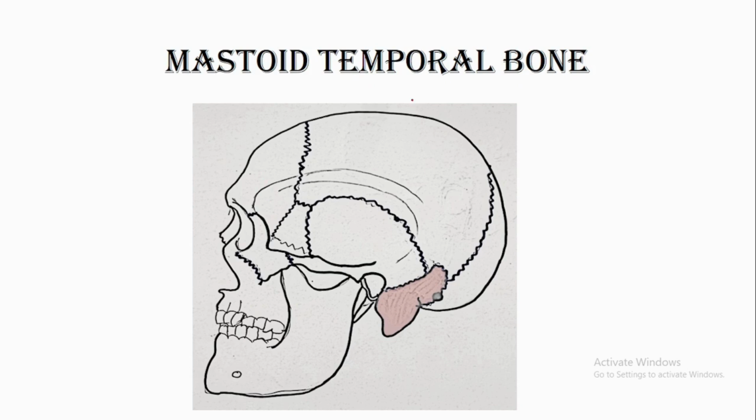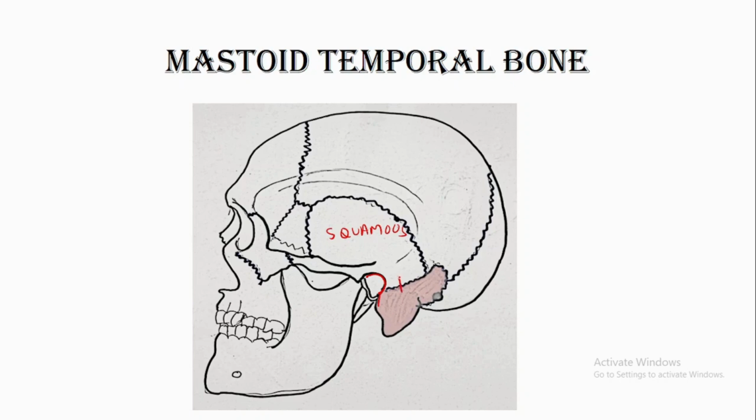Now coming to the mastoid temporal bone. This is the temporal bone, this is the squamous temporal bone. And the part of the temporal bone which is present just behind the external acoustic meatus is the mastoid temporal bone.